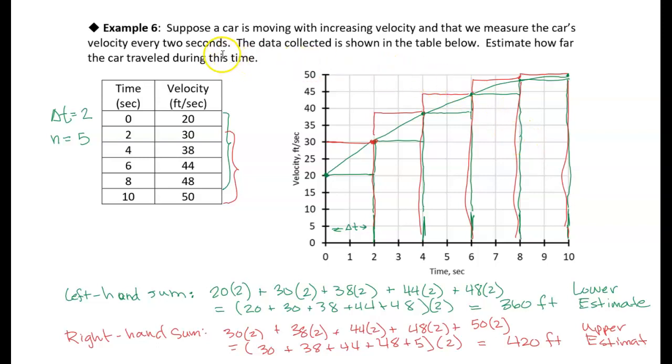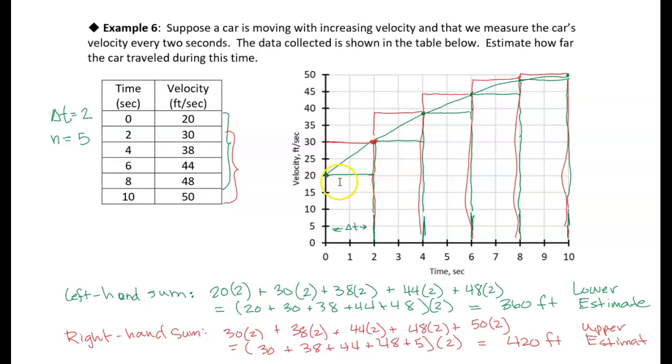We had a car in which we were given some velocity data, and we were asked to estimate how far the car traveled, right? And we did that by estimating it using a left-hand sum and a right-hand sum. So we took these rectangular areas and added them up, and in the case of the green sum, we based the height of the interval on the left-hand data point, right?